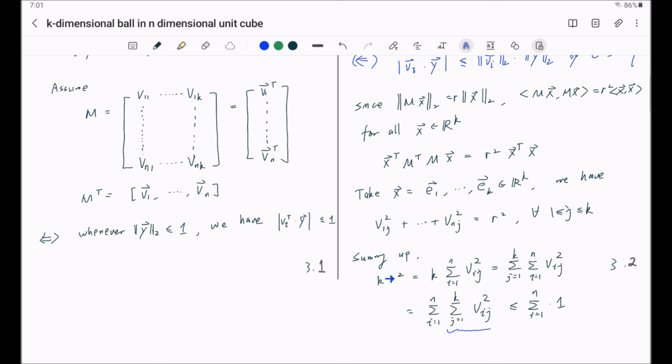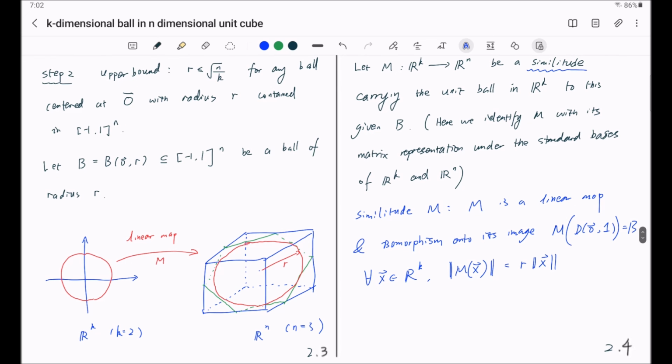So this kR squared is less than or equal to n, which implies that R is less than or equal to the square root of n divided by k. And this proves the upper bound and finishes step number 2.